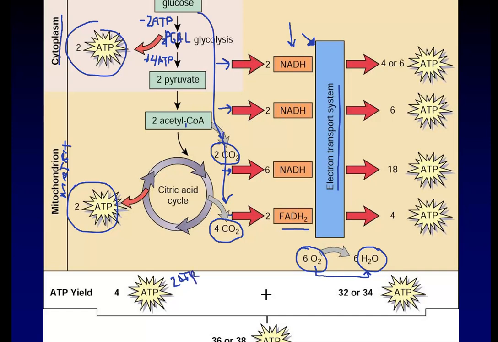And that's what gave us this total of 4 ATP. So the 4 ATP plus the 32 to 34 ATP gives us this whopping load down at the bottom, which is the 36 to 38 ATP produced.